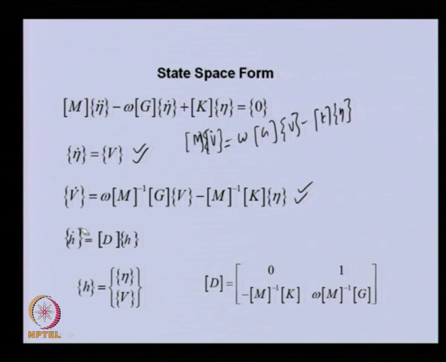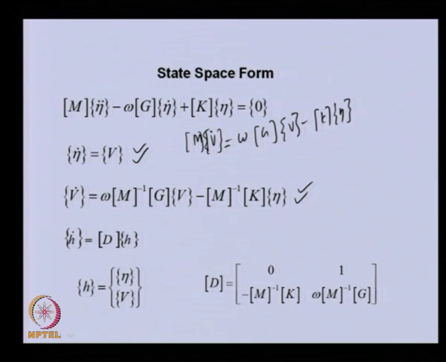So, basically this particular equation is what we have clubbed. So, you can see h we have defined as the eta vector and v vector. Once we stack these two one over another, this will be h dot, that means the velocity of these two.